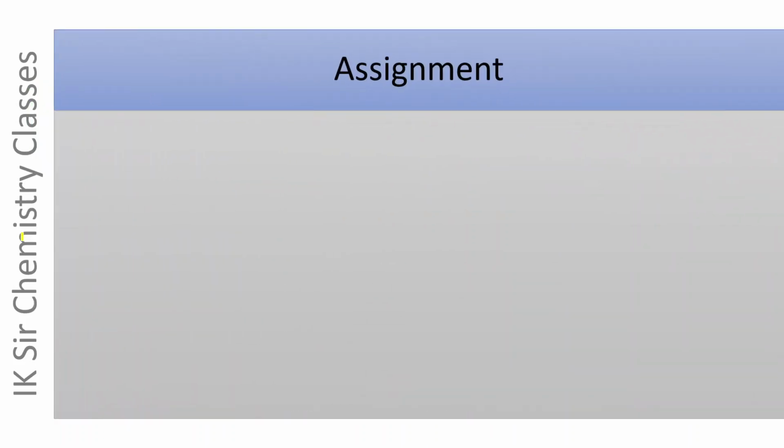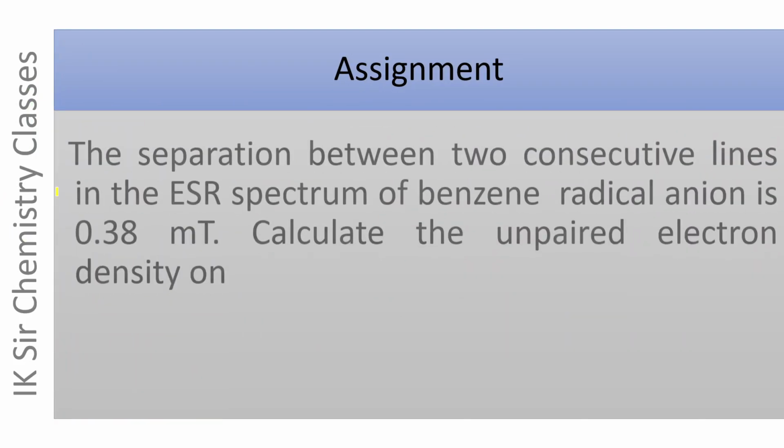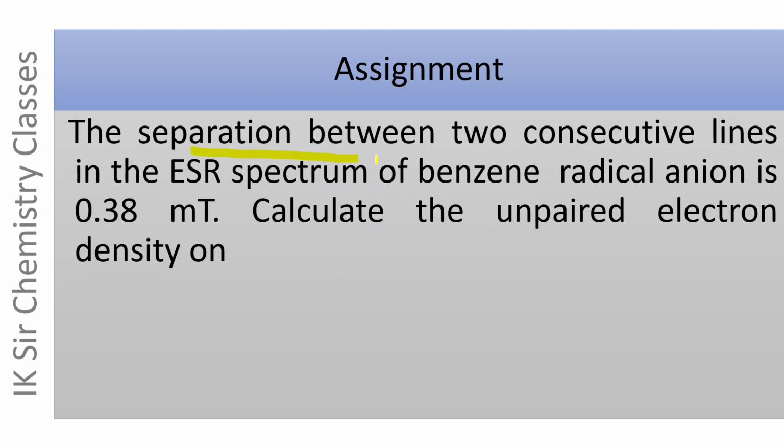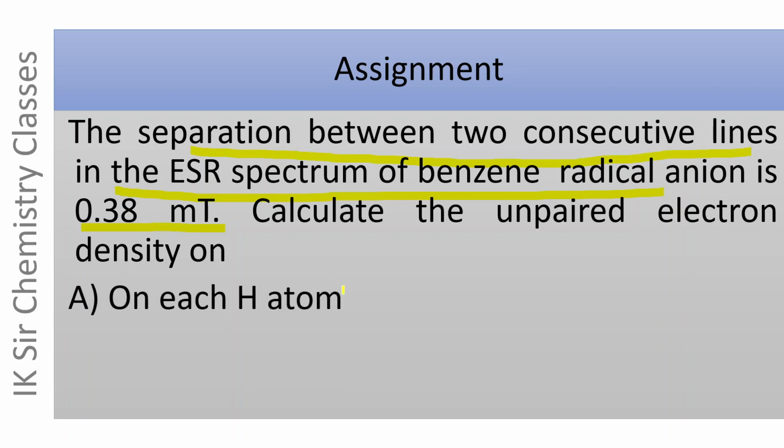There is another problem for self-assessment. The separation between two consecutive lines in the ESR spectrum of benzene radical anion is 0.38 millitesla. Then calculate the unpaired electron density on each hydrogen atom and on carbon atom.